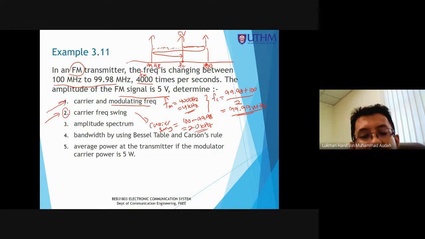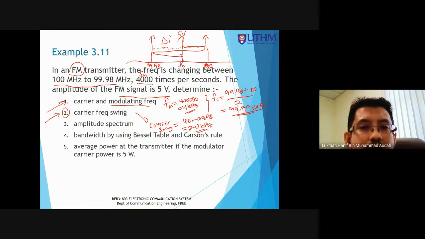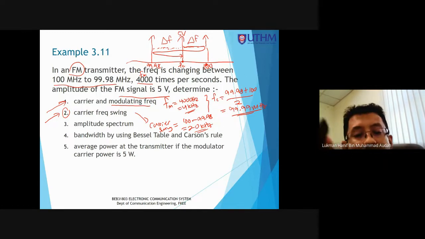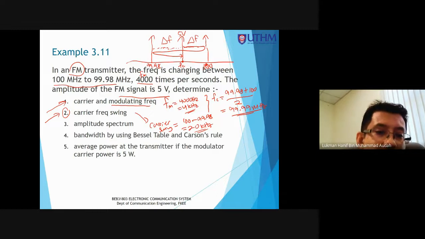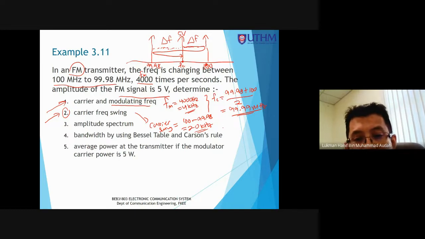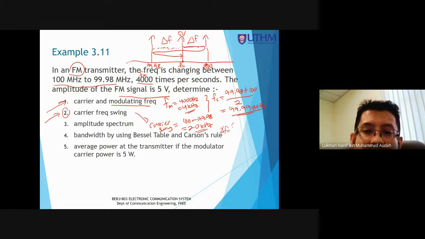And remember that carrier swing is equal to 2 times delta F. So if asked for the frequency deviation, delta F is the frequency deviation. Delta F is equal to carrier swing divided by 2.